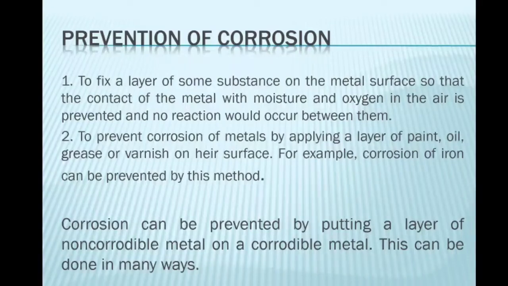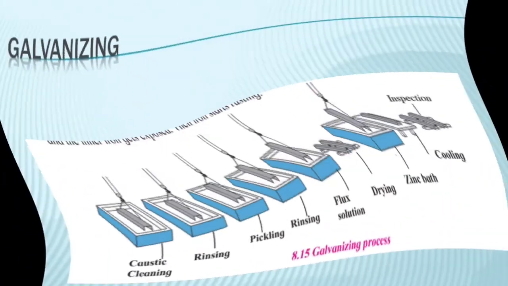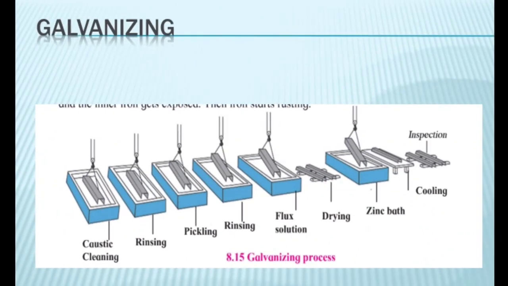Corrosion can be prevented by putting a layer of non-corrosible metal on a corrosible metal. This is done in many ways. The first method by which the corrosion can be prevented is galvanizing. In this method, a thin layer of zinc is applied to prevent corrosion on iron or steel.